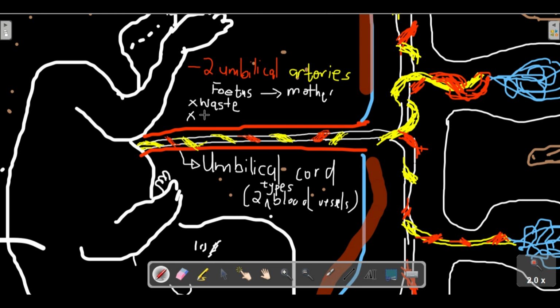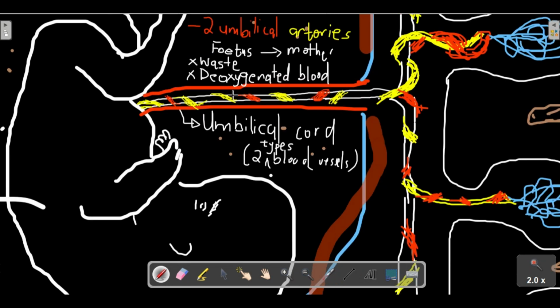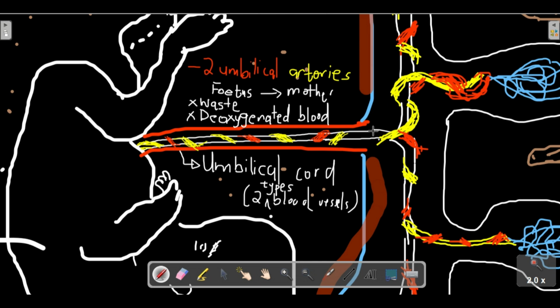So we say that they transport deoxygenated blood. If it's deoxygenated, then it must be full of carbon dioxide. So that's what they take from the fetus to the mother: the waste and deoxygenated blood.